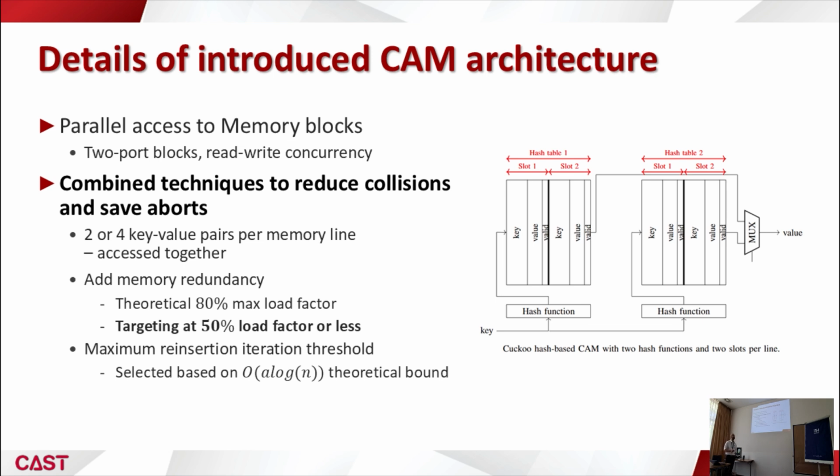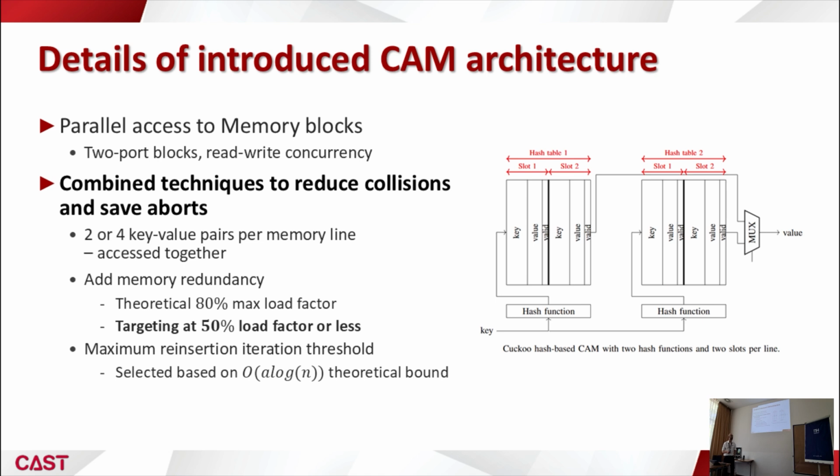We also employ a set of techniques in order to decrease the number of collisions. The first technique is that we employ multiple slots per memory position. This allows us to search for multiple empty points per memory access before concluding that a reinsertion operation is needed.